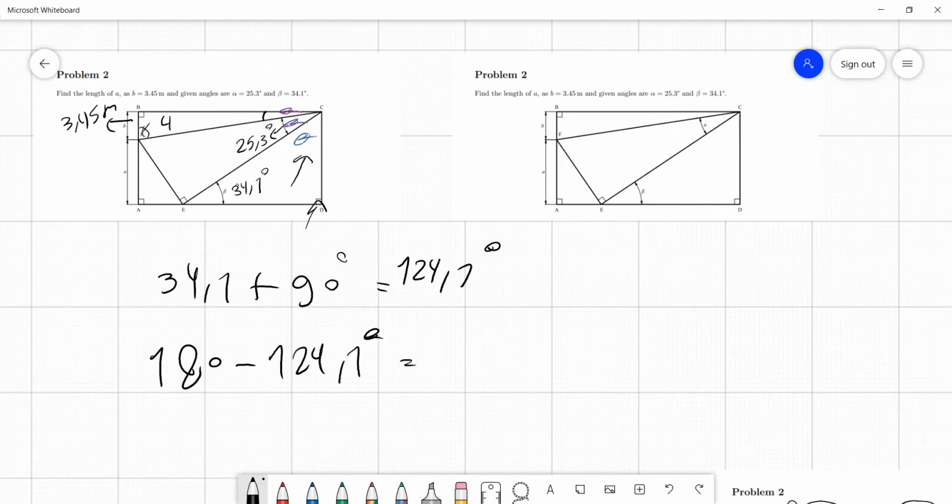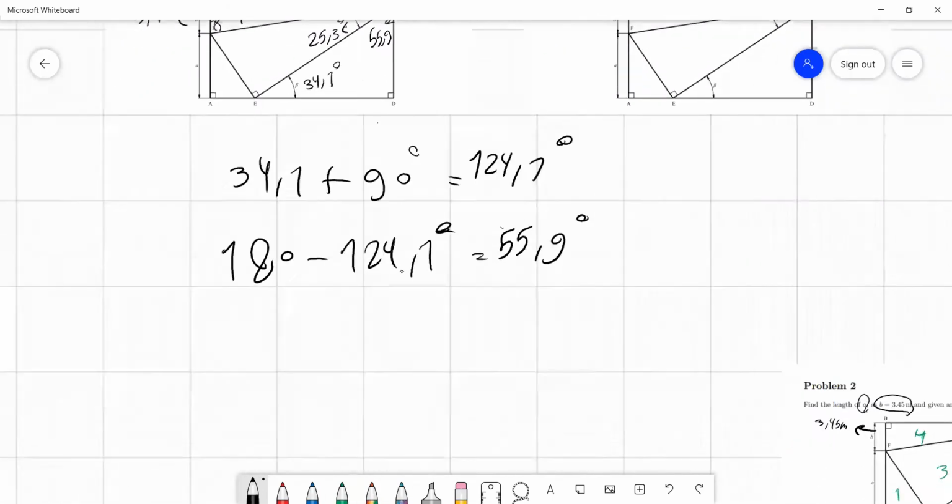And that should give us 55.9 degrees. Okay, so now we established that this angle over here is 55.9 degrees. So that makes our job a lot easier now.